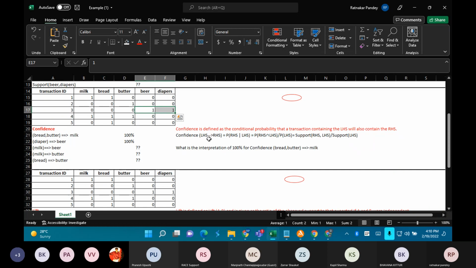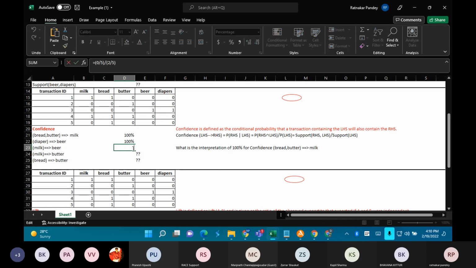Now, who can tell me the confidence for beer given milk? What is the probability that beer will be bought given that milk has been bought? 0%. So 0/5 divided by 2/5. Why 0?